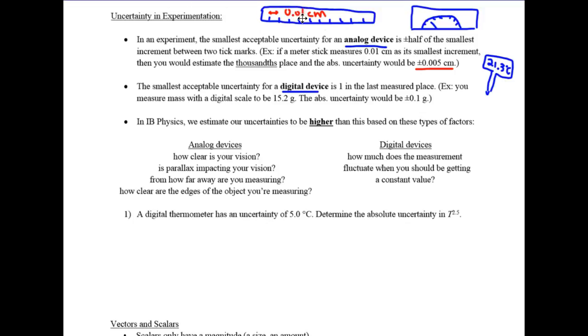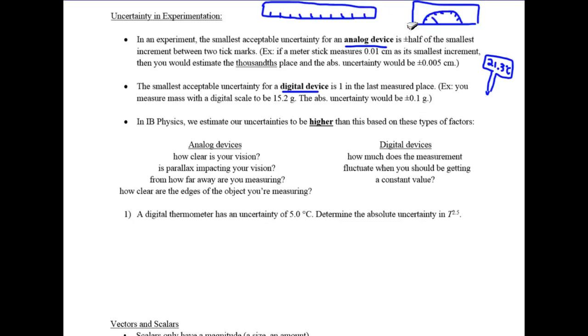Here's why we do it that way. Here's the rationale. Let's say you take this ruler, and you want to measure the size of a pea. So you get your pea, and you line it up, and there's my pea, the little green pea. I should make it green, shouldn't I? Remember, each tick mark is 0.01. You know that the pea is 0.01 something. You know it falls after this tick mark, right here, and you know it falls before that tick mark.